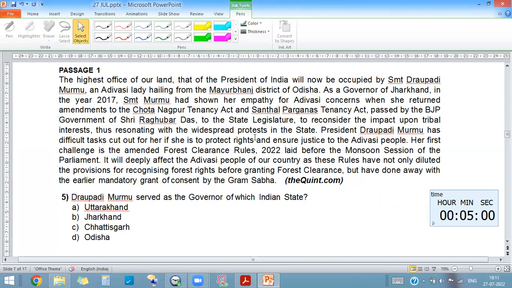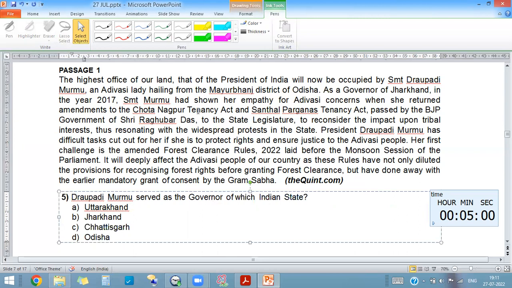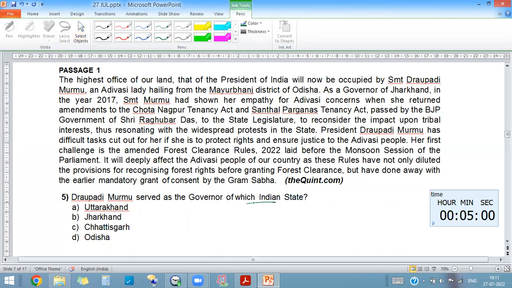Similarly, the next question, Draupadi Murmu served as the governor of which Indian state? Again, go through the passage. As a governor of Jharkhand, you already got the answer. Within the first 2 lines, you got the answer, right? So this happens in our law entrance exams. They sometimes do give the answers within the passage, but we have to read it closely. Okay, so let's continue with the next set of questions.